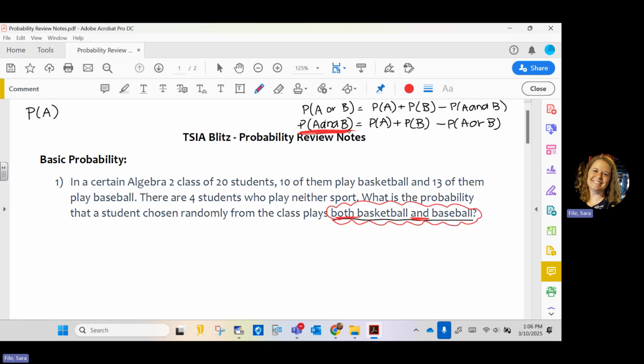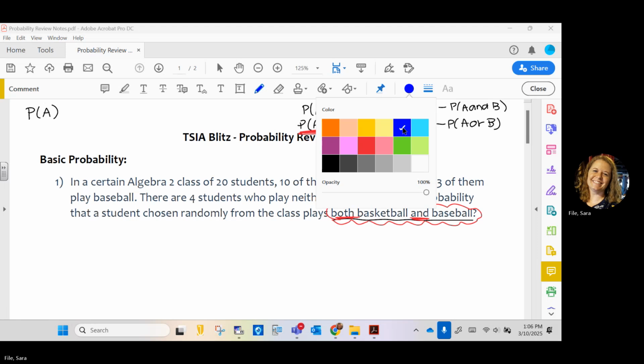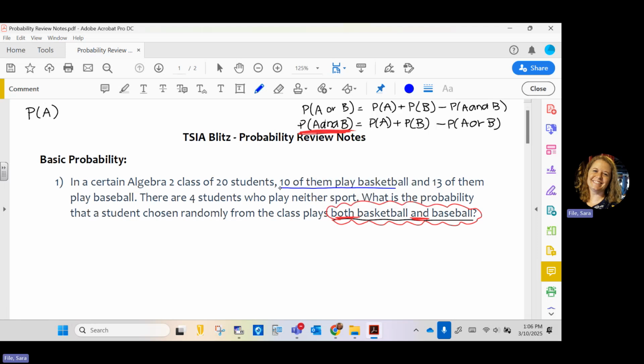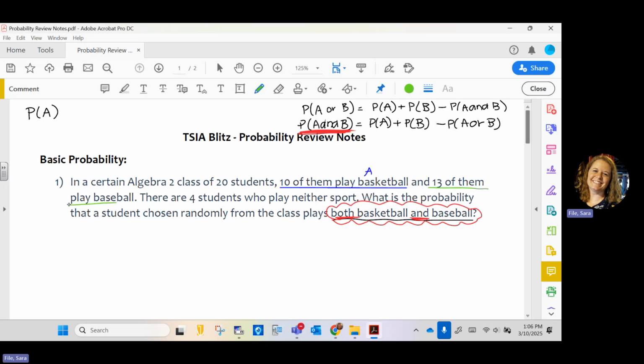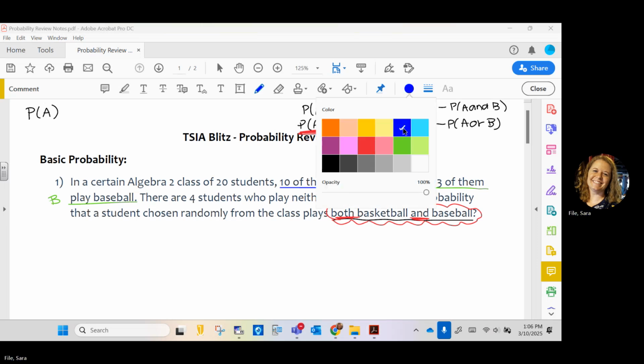So I'm going to do this. I'm going to call the 10 players that play basketball event A. They play basketball. And 13 of them play baseball, I'm going to call that event B. There are 20 total.